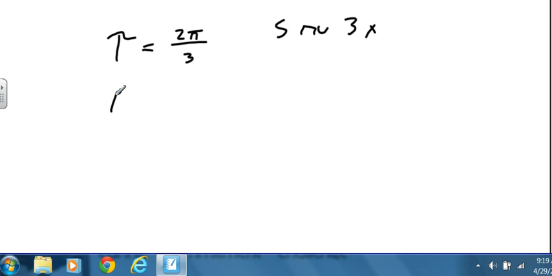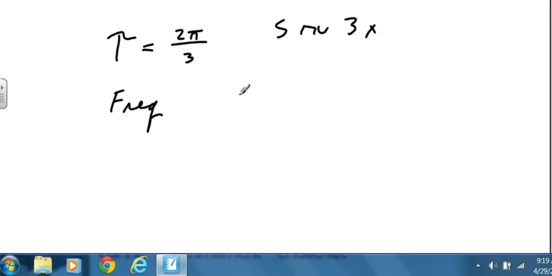And then we have periods, and we said, well, if we have the sine of 3x, then the period is going to be 2 pi over 3. And so that's what the period is. But what's the frequency? If the period is 2 pi over 3, what's the frequency?